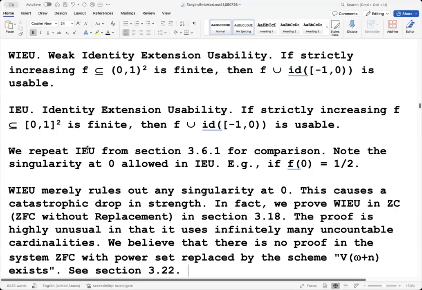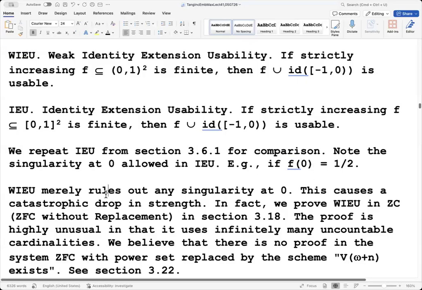So this is very good mathematically. The singularity is causing an explosion in strength. That's very suggestive. Like in mathematics, singularities cause other kinds of explosions, right? This is an explosion in strength, allowing a singularity at zero.